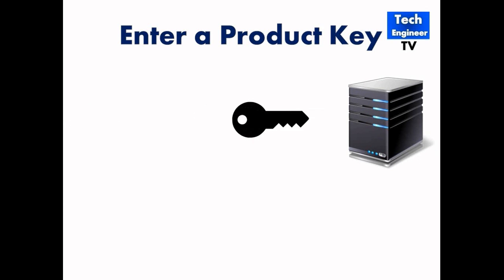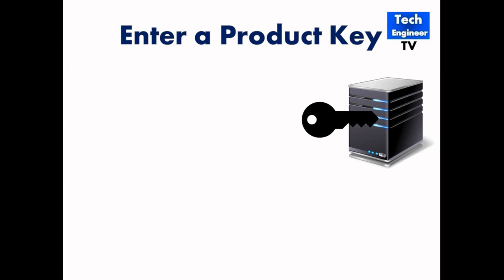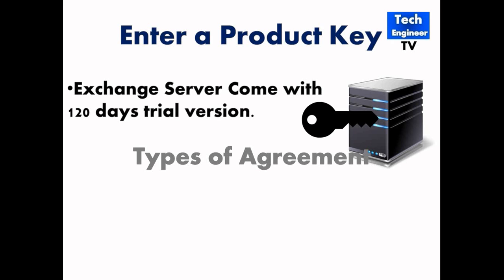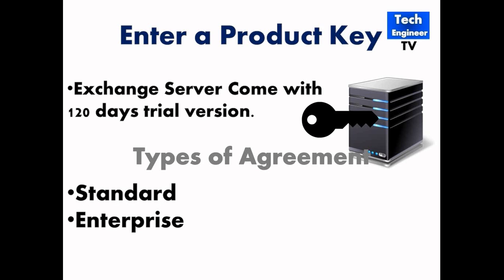Now, Exchange Server 2010 comes with two editions, and you have to provide a product key. Now, what kind of product key? After the 120-day trial version, you have to agree to the terms, and the types of agreements are standard and enterprise. So the product key after the 120-day trial version is of two types, standard and enterprise.